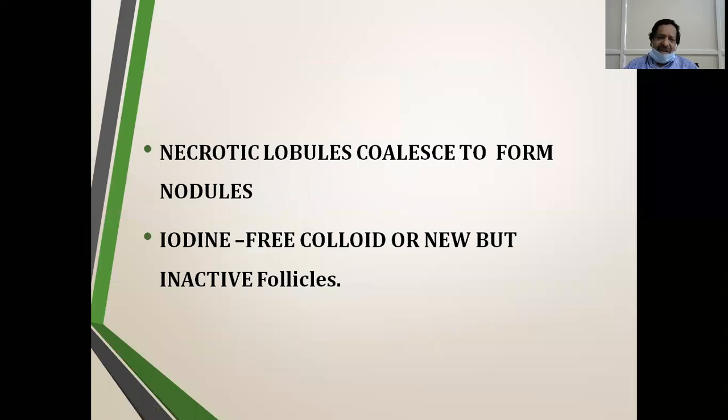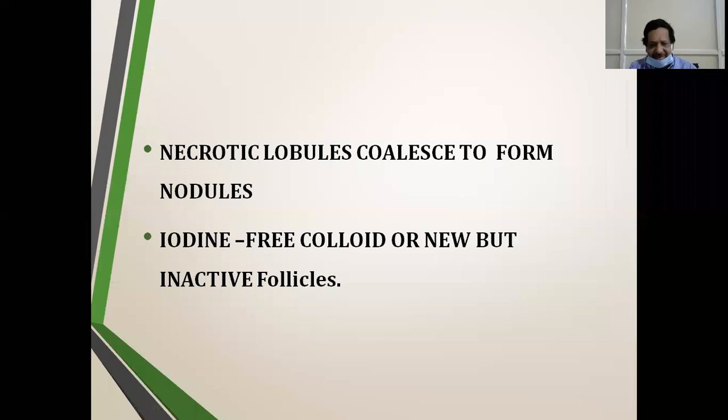Now, we have seen inactive and necrotic lobules, they unite to form nodules, and iodine-free colloid or new but inactive follicles. You may have follicles, but they are inactive. Colloid is iodine-free. No hormones. Once this nodular stage is formed, it is irreversible.